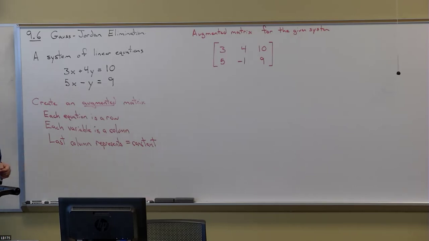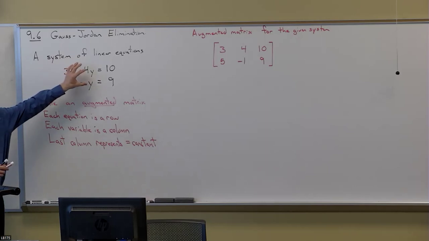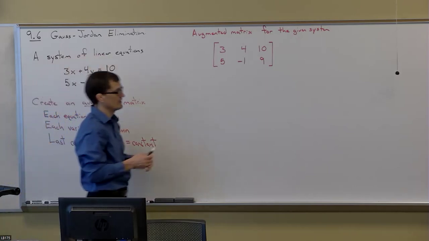So I just read off the coefficients. Now, it is very important that I have things lined up in columns. So all the X's go first, all the Y's go second, and then the equal to constant is last.